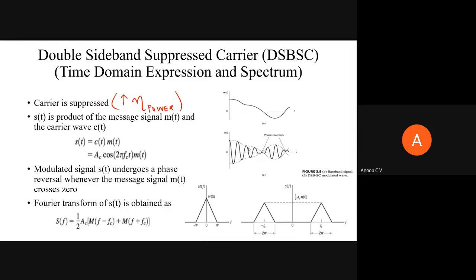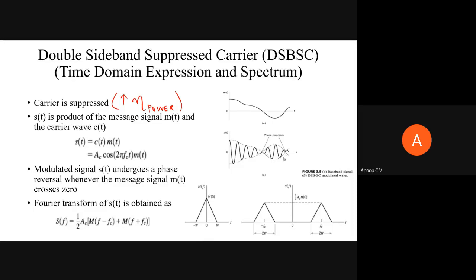But one more thing you can see here is, as we don't have a carrier as such, and we are multiplying the carrier directly with m of t, whenever m of t is positive, the carrier envelope will be positive. But whenever m of t is negative, there will be a phase reversal. This phase reversal is inevitable.